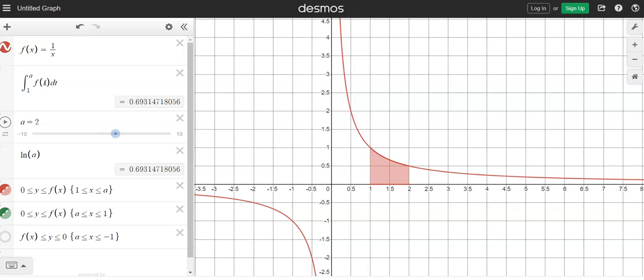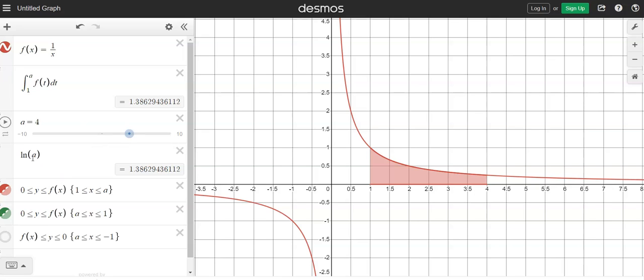Notice this integral that's giving me the area is exactly the same as the natural log of that number, right? If a is 2, the natural log of 2 gives me the same output as the area. If I take it over to 3, natural log mirrors it again. If I take it over to 4, same deal.